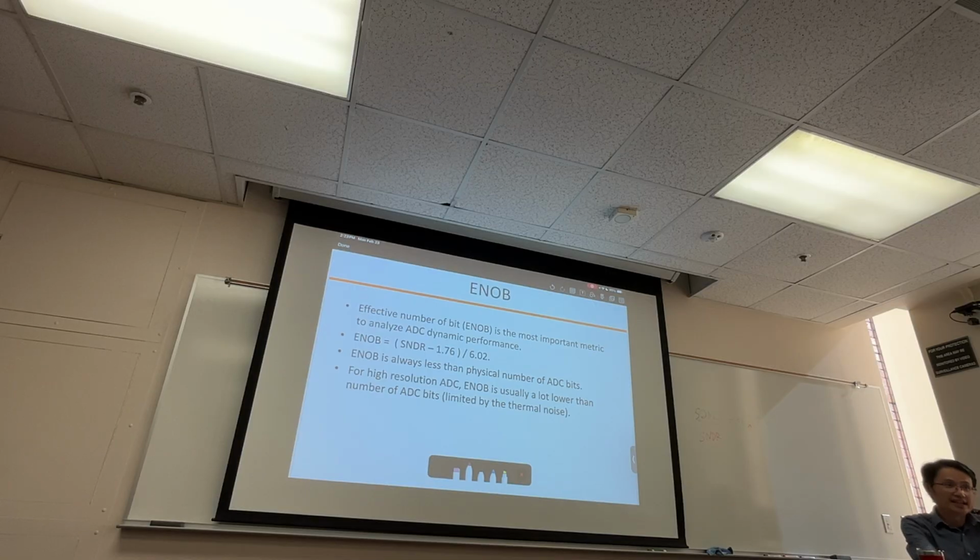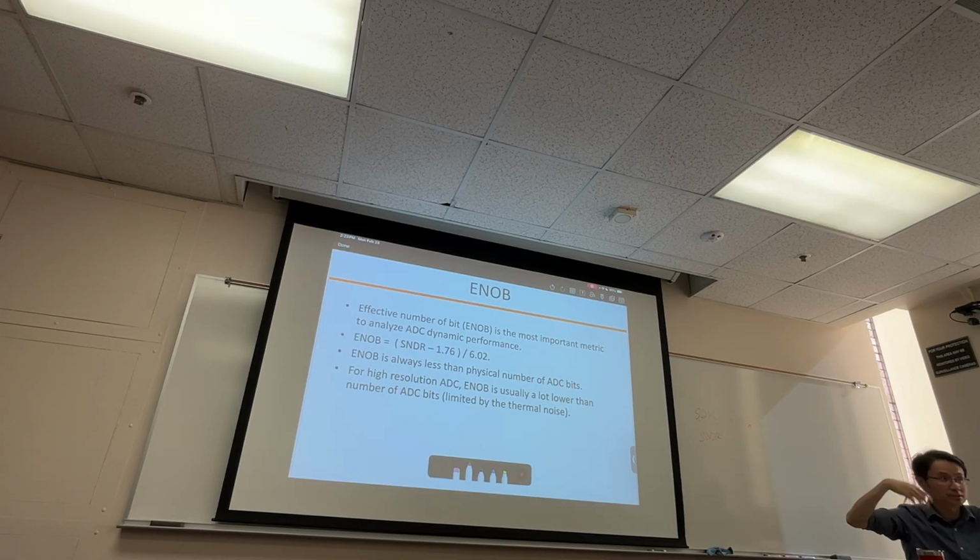Of course, you want the ENOB to be as close as possible to your number of bits, N. If you design for 10 bits, ideally you want the ENOB to be 9 point something bits. But sometimes it's really hard, especially for high resolution. Imagine a 20-bit ADC: you have to make sure your noise floor is at the 20-bit level, and think about how low that has to be.